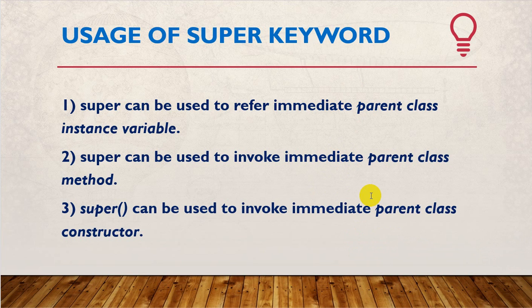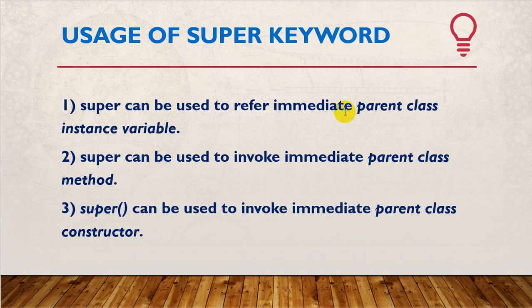Your function will definitely be executed, but we need to know which function will be executed, the parent function or the child function. If we are calling that function through the child class object, it will give priority to the function of its own class. So the child class function will be executed.